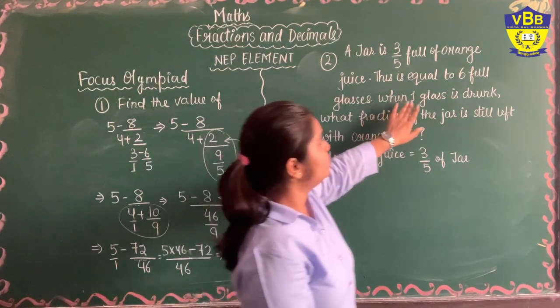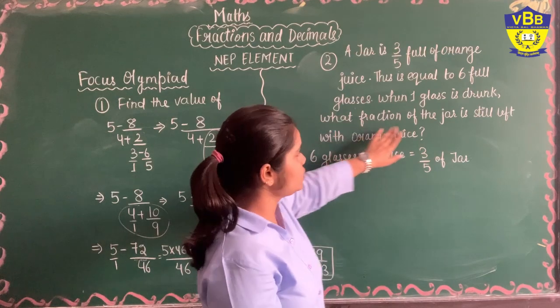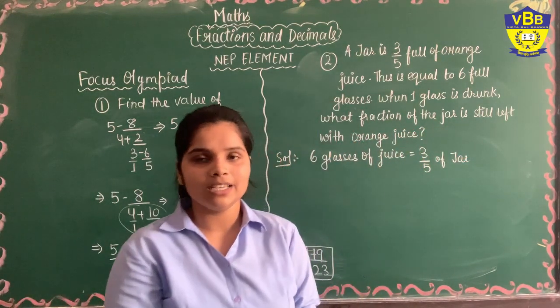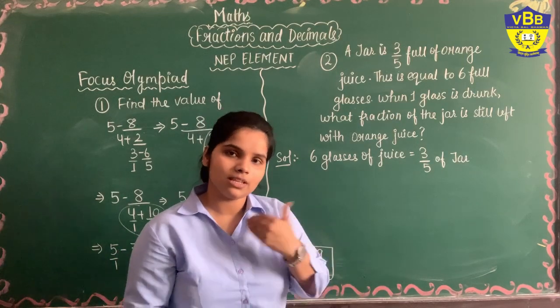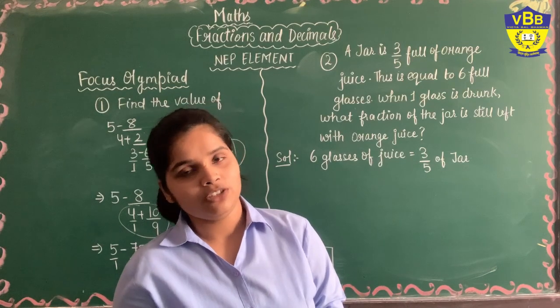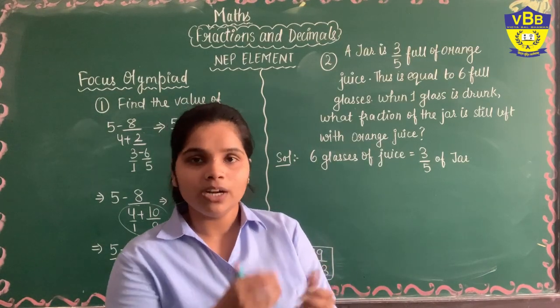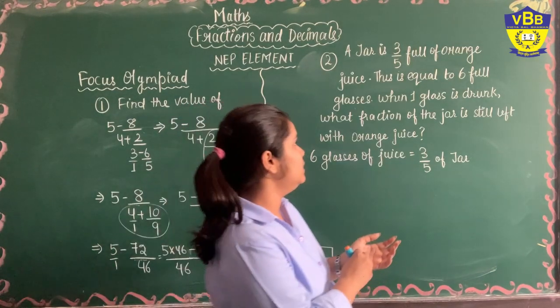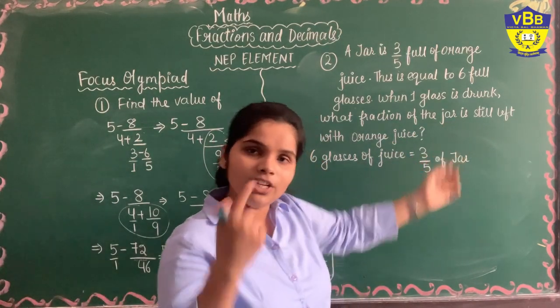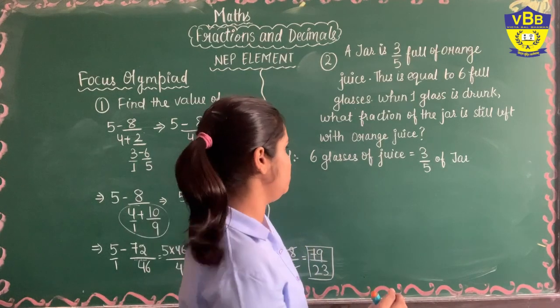So when one glass is drunk, what fraction of the jar is still left with the orange juice? If out of the 6 glasses, one glass of juice has been drunk, then after drinking that 1 glass, what fraction of the jar will have the juice?